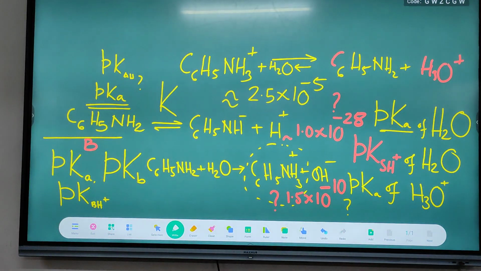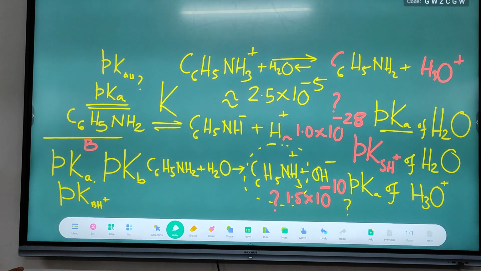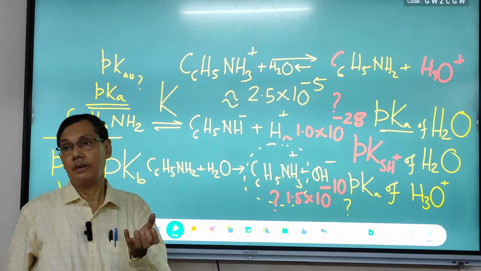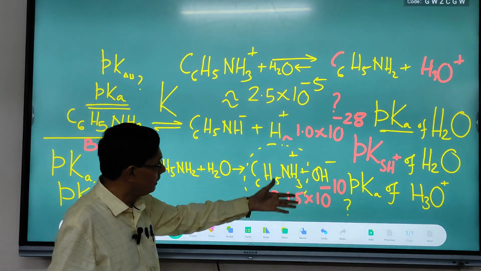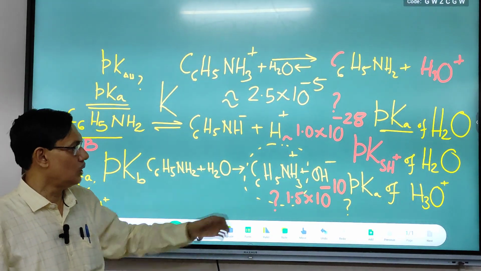But in contrary, neither pKa nor pKb, whichever I take, if it is an acid, we can take its conjugate base. If it is a base, I can take its conjugate part. And if I compare these three, I will discuss with the last part, in the activity of the water.